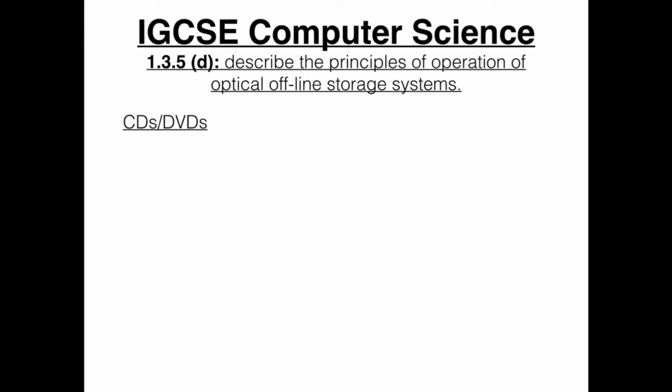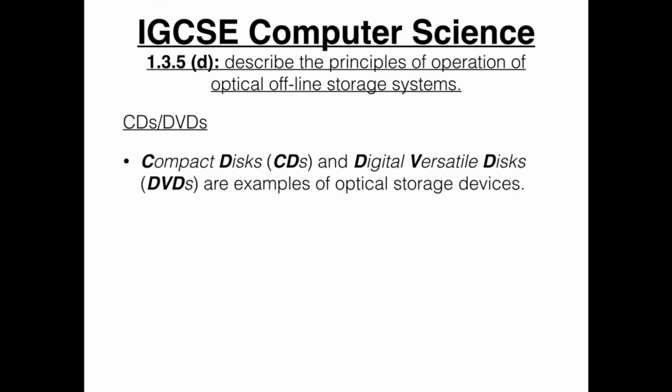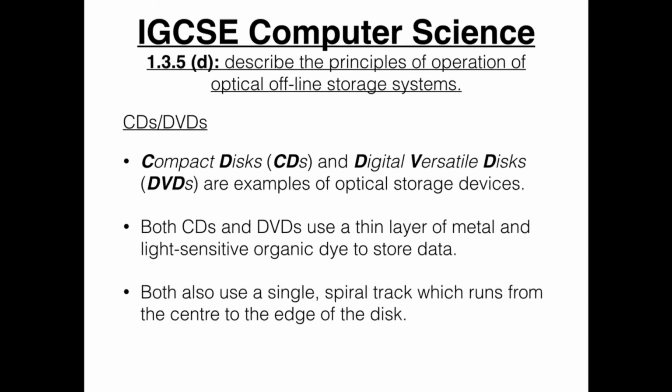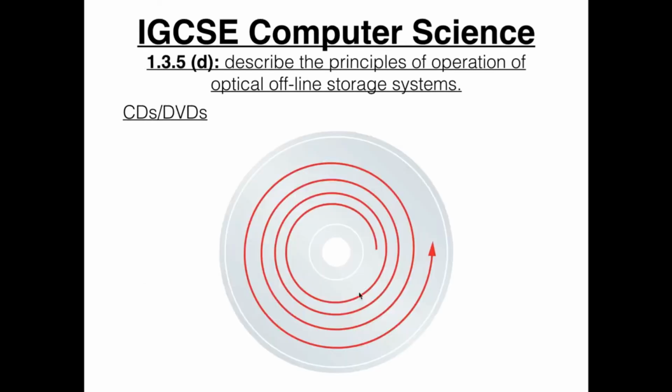So CDs and DVDs, compact discs and digital versatile discs, are examples of optical storage devices. Both use a thin layer, or layers as you're about to find out, of metal and light-sensitive organic dye to store data. Both also use a single spiral track, which runs from the center to the edge of the disk.